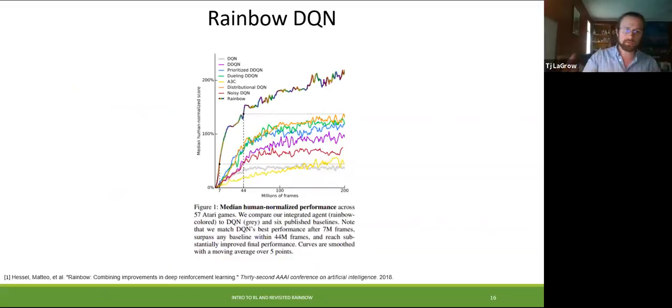And so in the original paper in 2018, they decided to integrate all of the aforementioned components into a single integrated agent, which they did call Rainbow, here outlined in a rainbow coloring, which is cute. Without getting into a lot of the details, they combine the multi-step distributional loss and the double DQN with the greedy state.